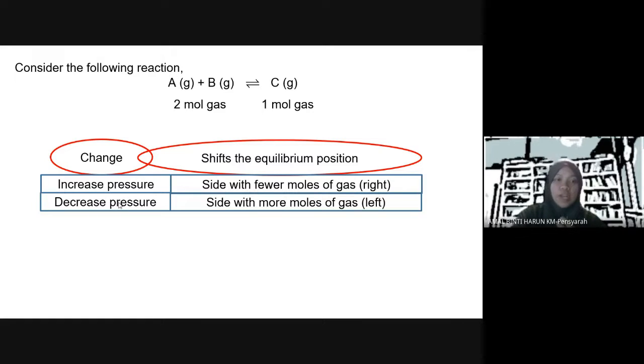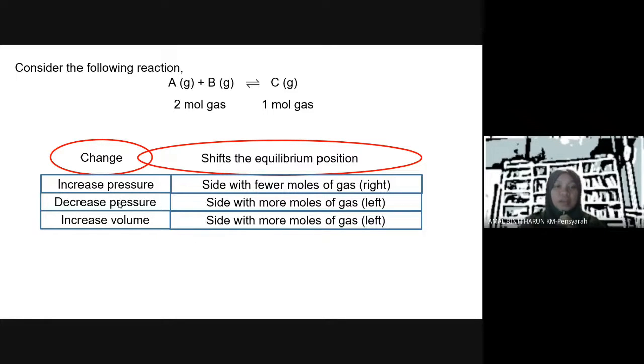Okay, boleh ke? Boleh, Madam. Kalau increase volume, so you need to relate increasing volume akan reduce pressure. So reduce pressure, you nak buat apa? You kena increase balik pressure tu by shifting to the left, because at left side we have more number of moles.